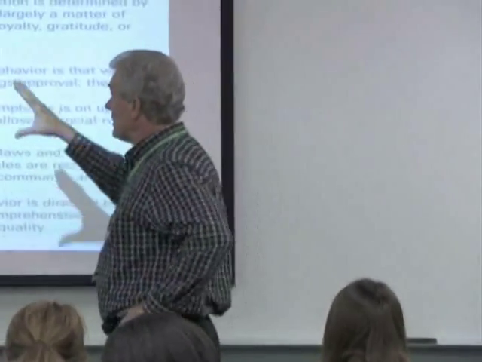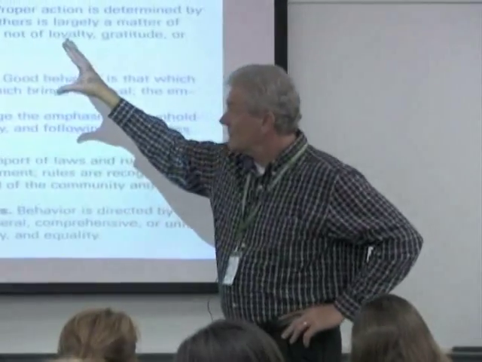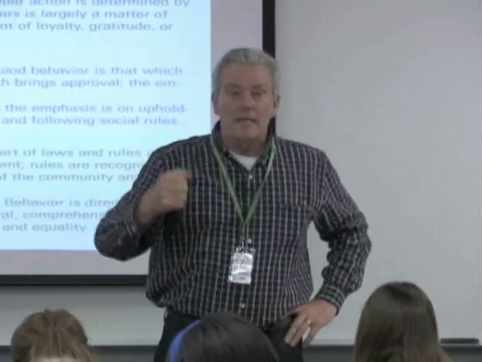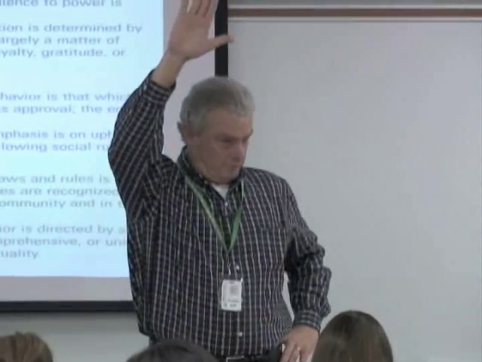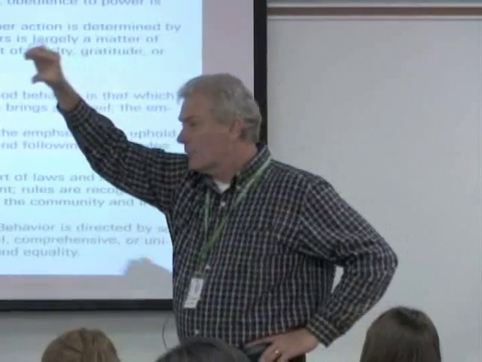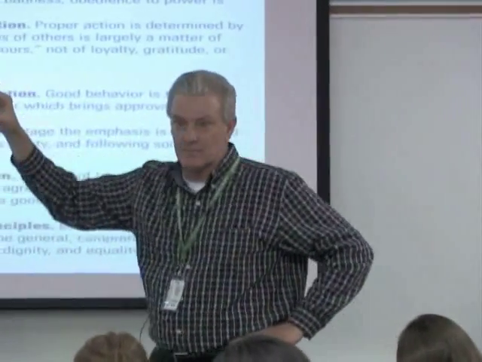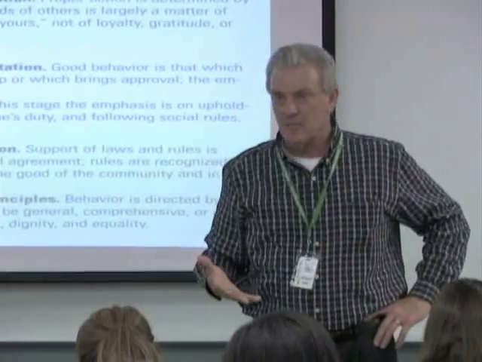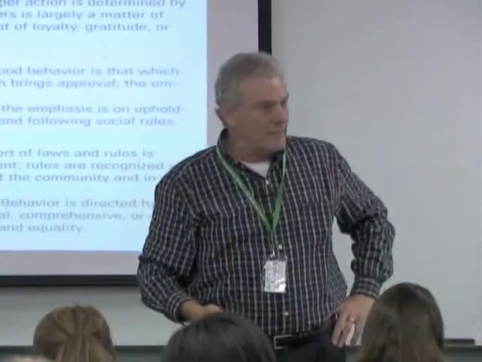The first two stages are called the pre-conventional level of moral judgment development. Now, how many of you have heard of Piaget? Okay. So Piaget had what we call the pre-operational stage of cognitive development. A pre-operational stage is about 3 to 5 years of age. Kids are very egocentric.